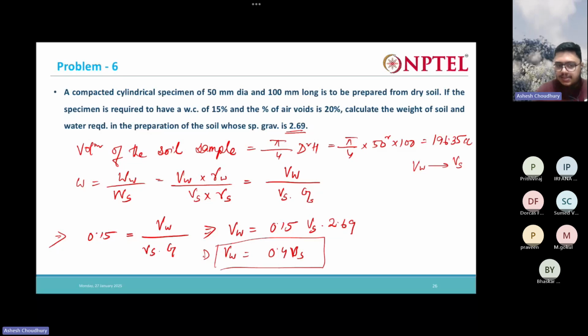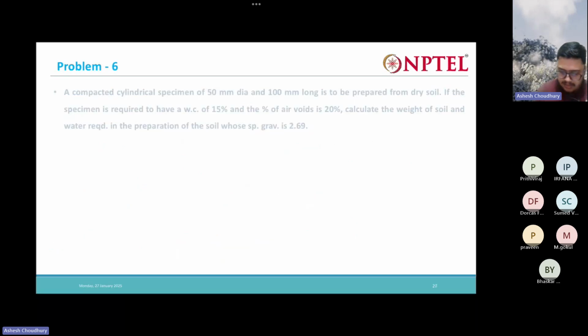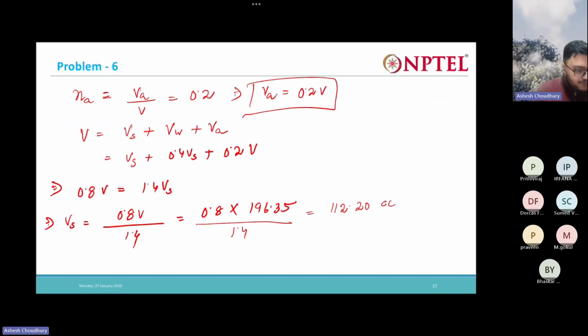Ws is Vs into gamma s. Gamma s means unit weight of soil solids. I can write it in terms of G, it is nothing but Gs into gamma w.